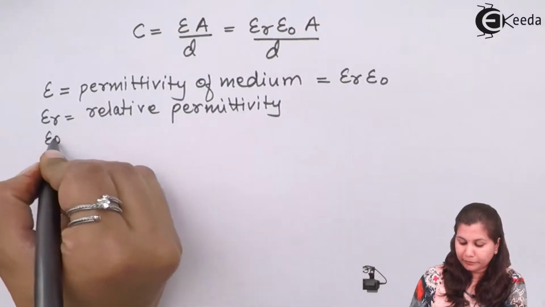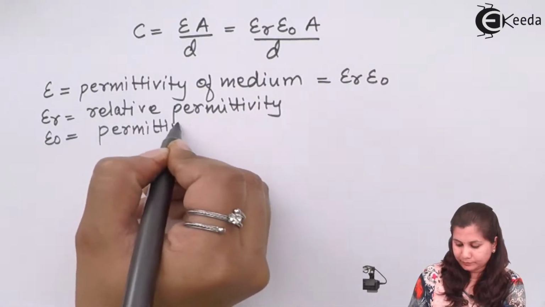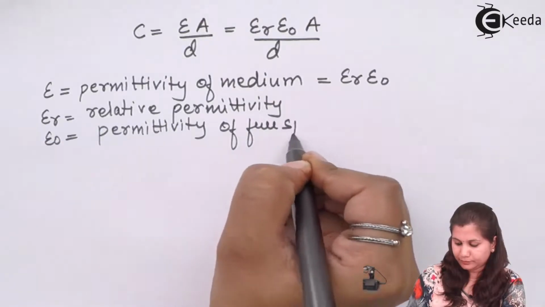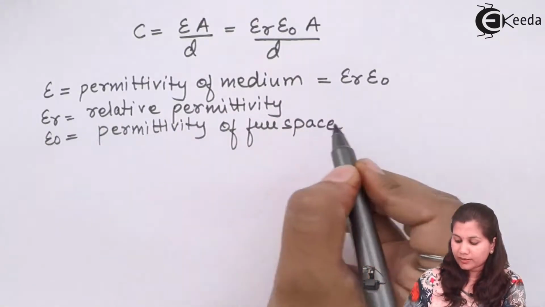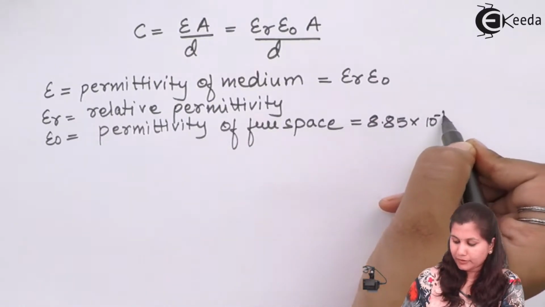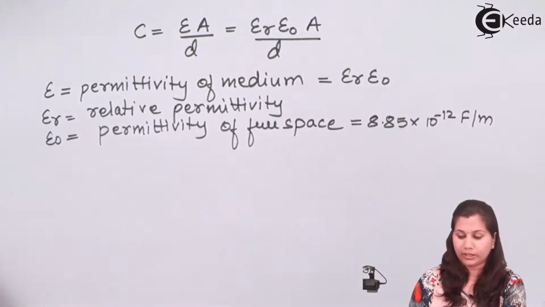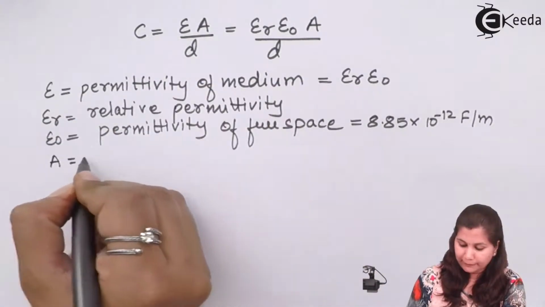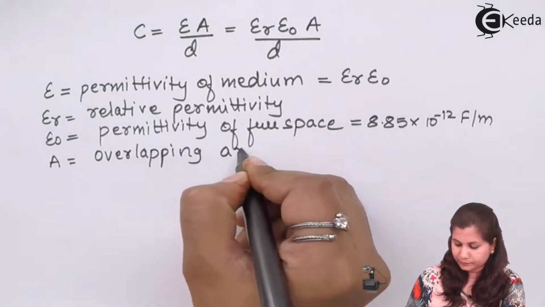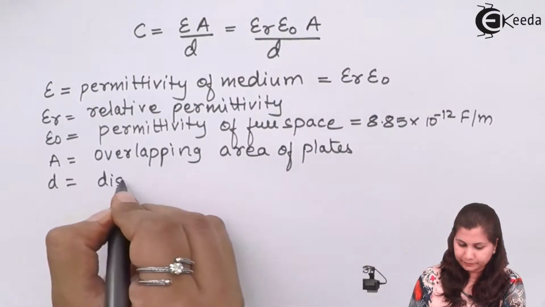Epsilon naught is the permittivity of free space. It has a constant value which is 8.85 into 10 raised to the power minus 12 farads per meter. Then A is the overlapping area of the plates, and d is the distance.